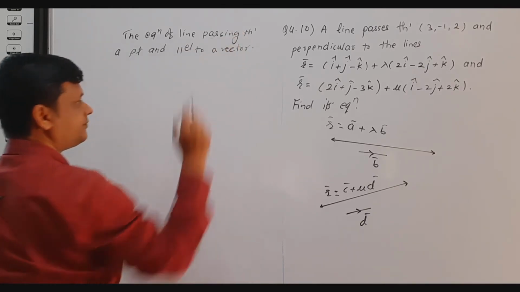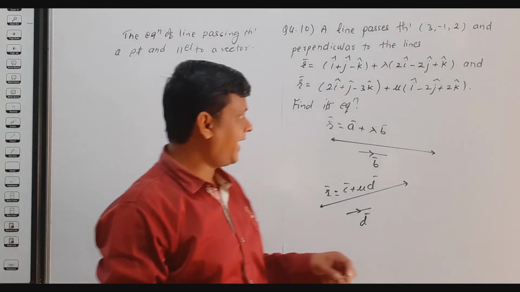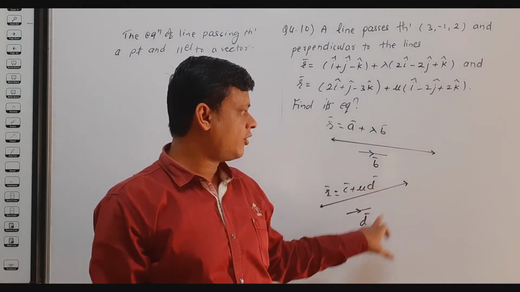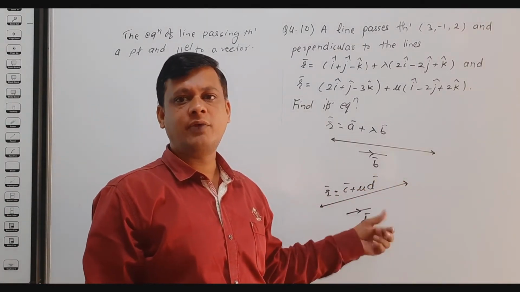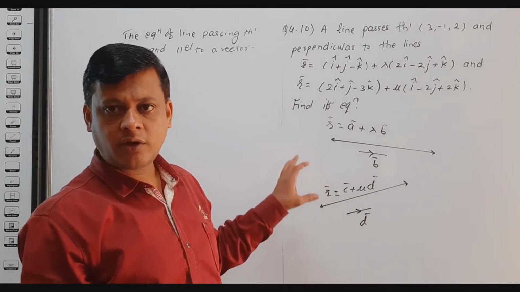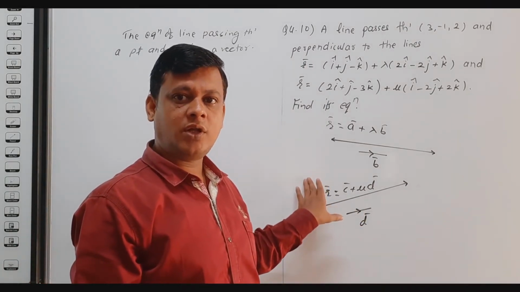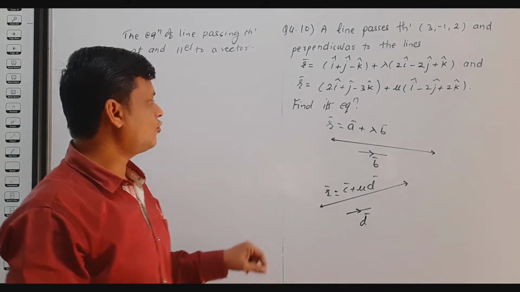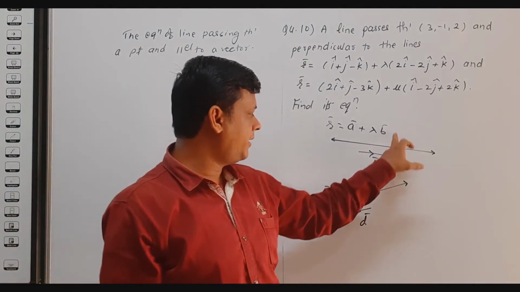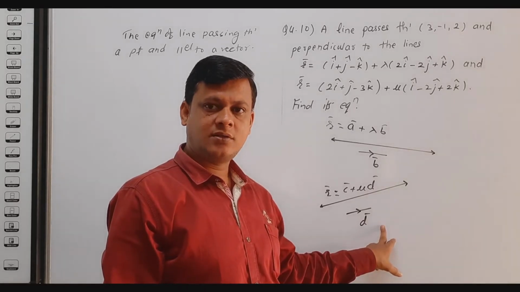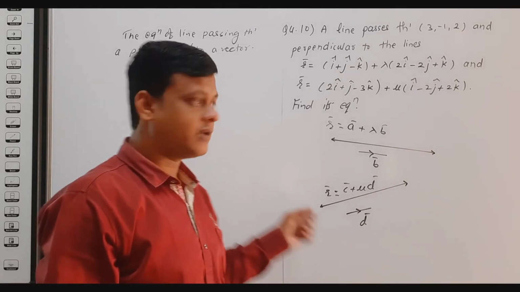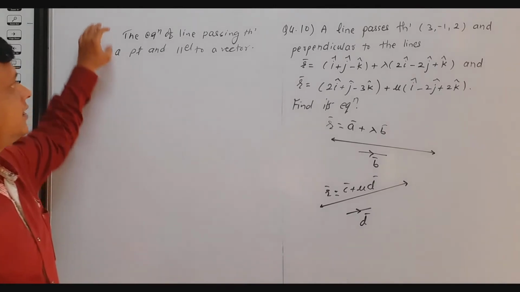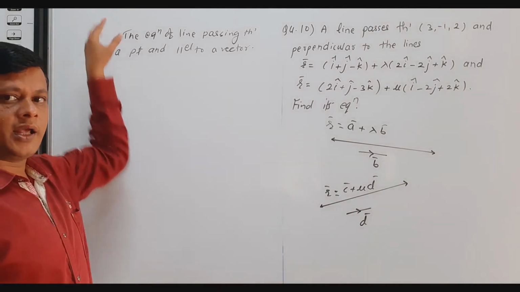So first we find the cross product of these two vectors, which will be the perpendicular vector, and that vector is parallel to the required line. So we find b bar cross d bar first, and from that we write the equation of the required line.